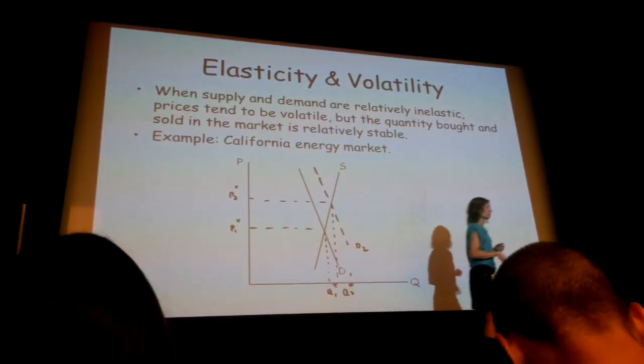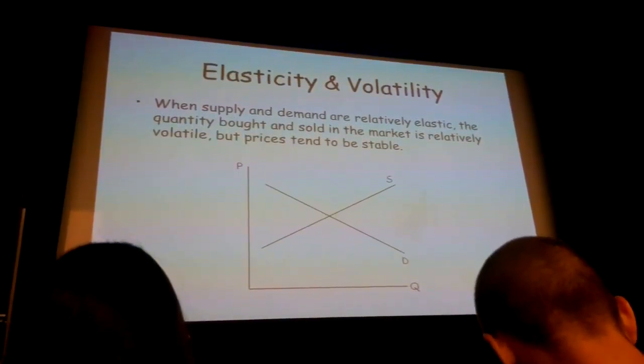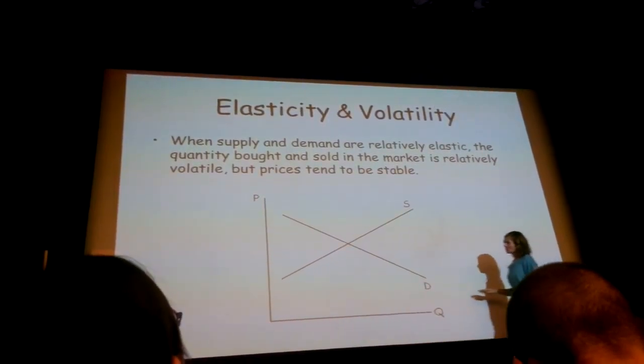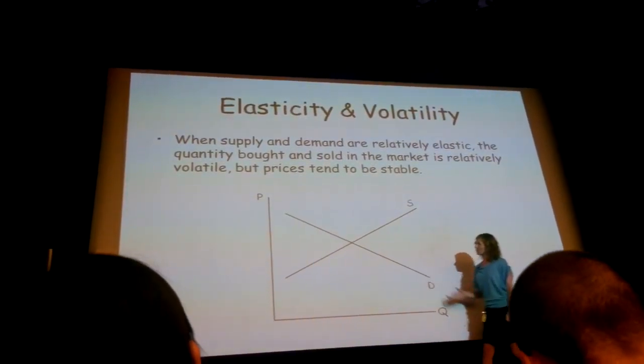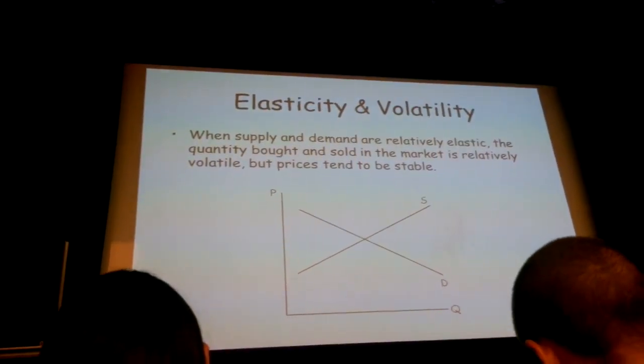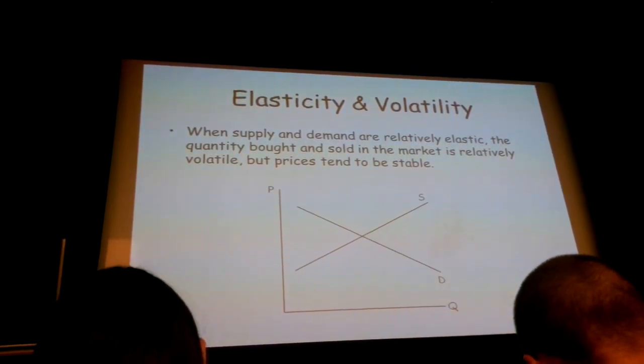You can contrast this to a market where we think that supply and demand are relatively elastic. So here, same kind of situation, supply and demand curve. Let's imagine what would happen in this case if we had, again, a small increase in demand.